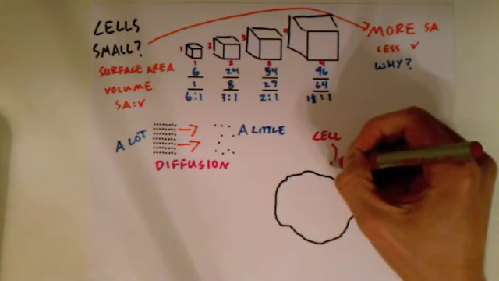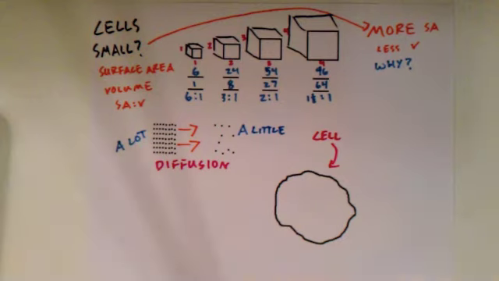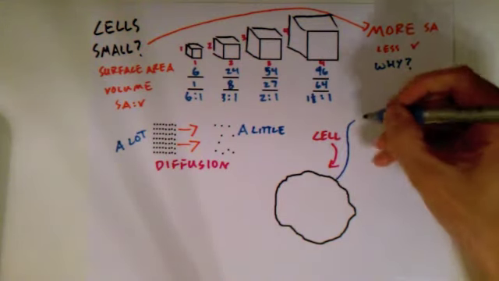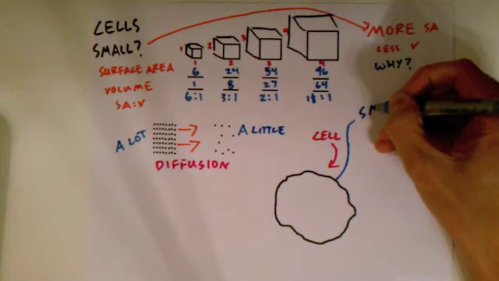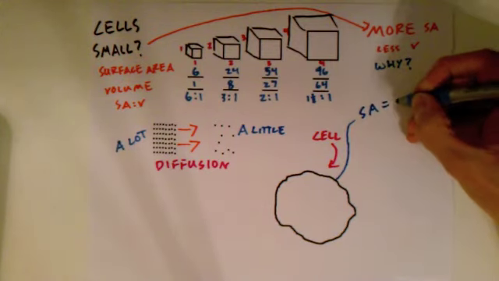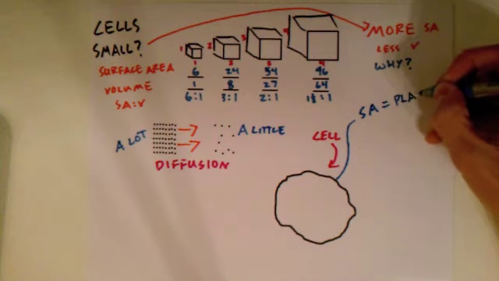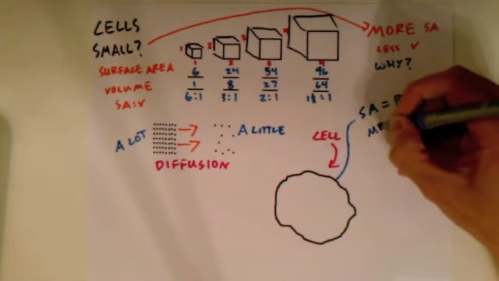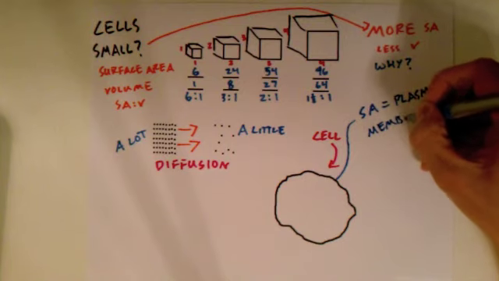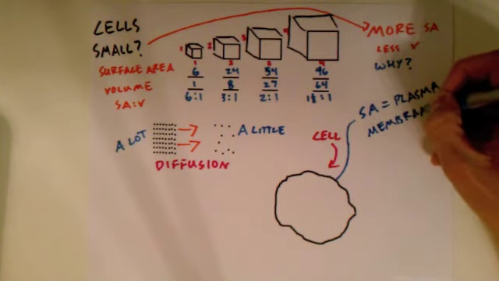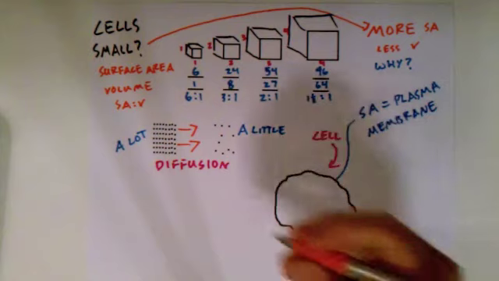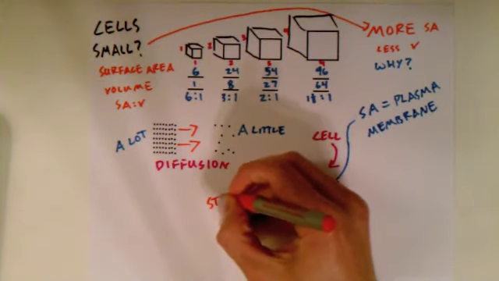So I have a cell here, and the surface area of this cell is basically, like we talked about in the previous video, the plasma membrane. So let's say that within and around the cell we have some stuff.